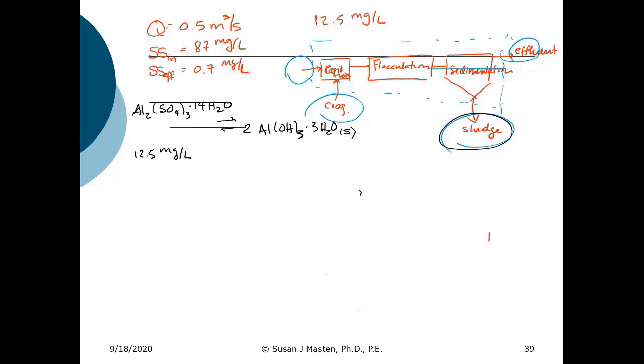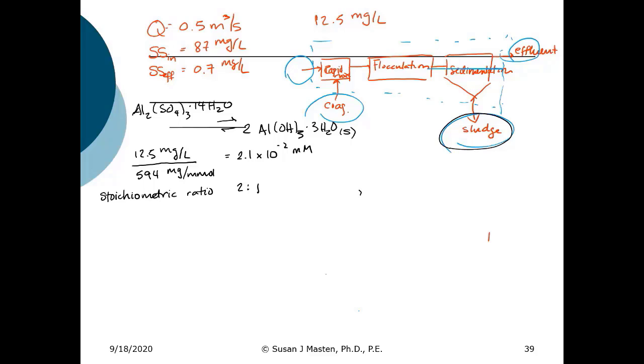So we added 12.5 milligrams per liter of alum. The molecular weight of alum, and that includes the waters of hydration, is 594 milligrams per millimole, and that is equal to 2.1 times 10 to the minus 2 millimolar. Now, the stoichiometric ratio for aluminum hydroxide to alum is 2:1.